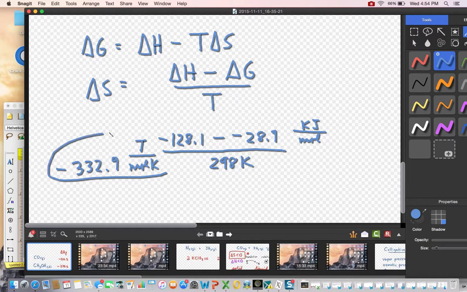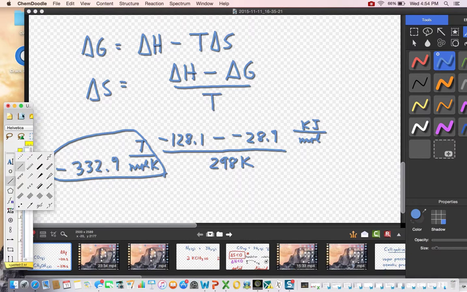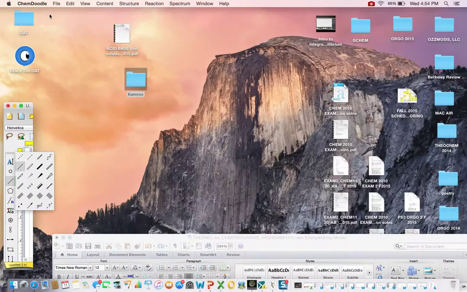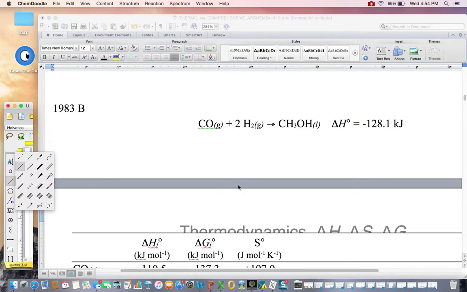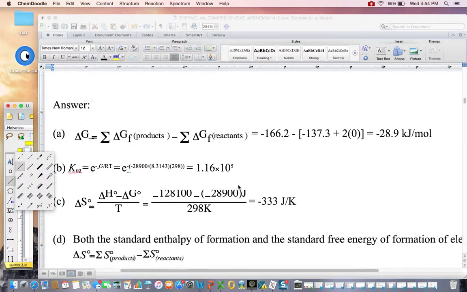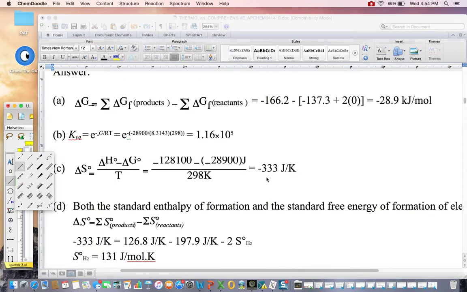You could certainly round that to minus 333 joules per mole Kelvin. And if we check our solutions, we see it is precisely minus 333 joules per Kelvin. Since there's 1 mole of product, joules per mole Kelvin is still a valid unit that we can use.